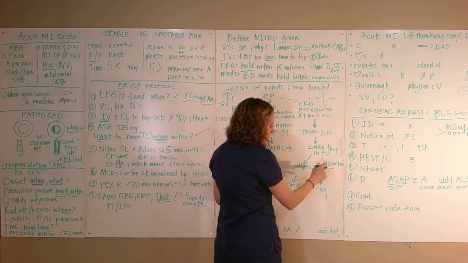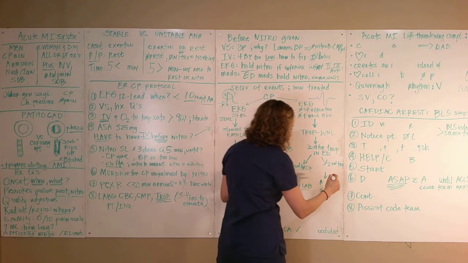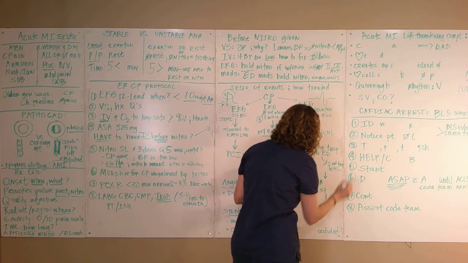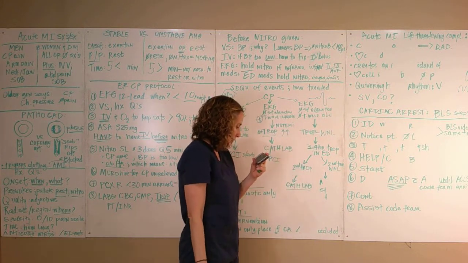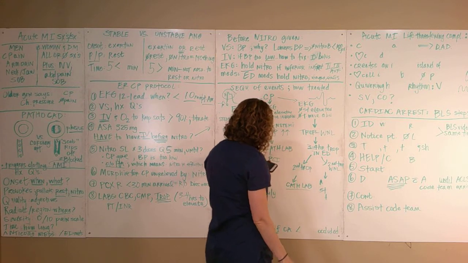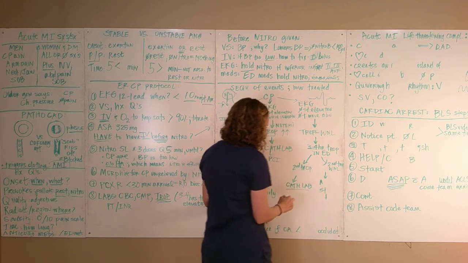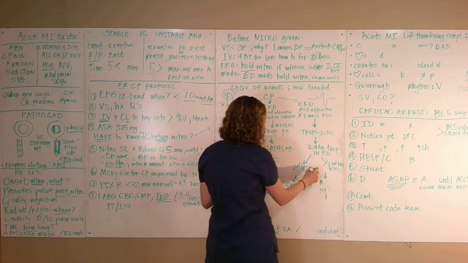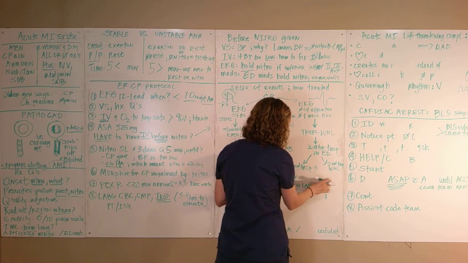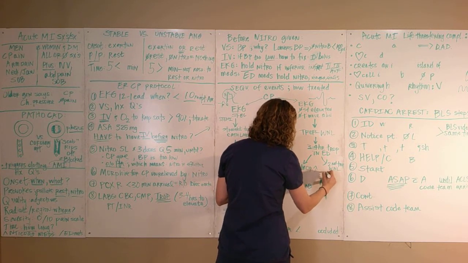Okay, now, what if we do a second troponin and the troponin is normal? So let's say our second troponin is elevated on this group. This group, our second troponin is normal.